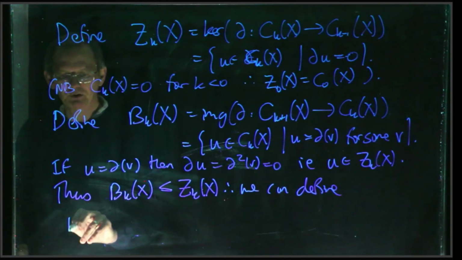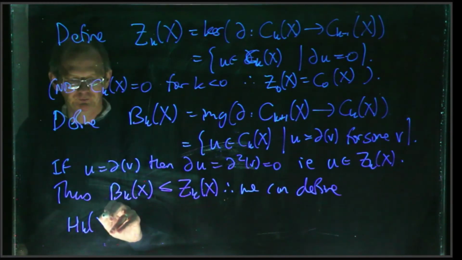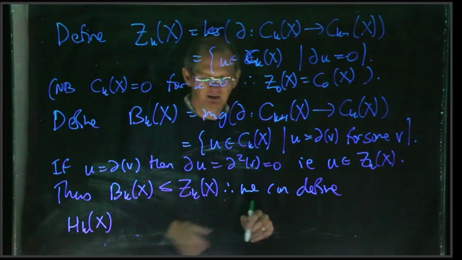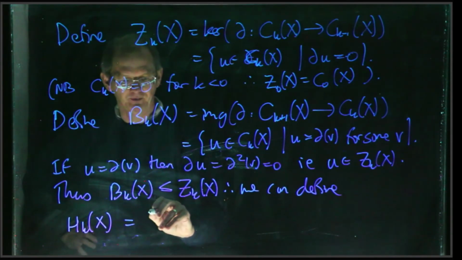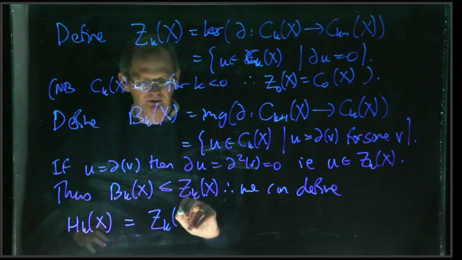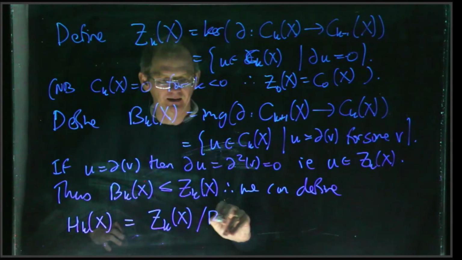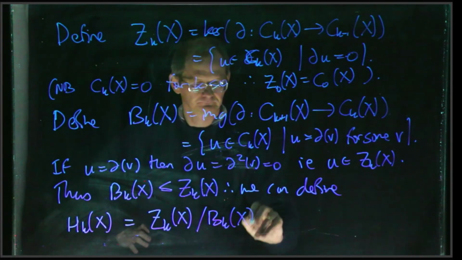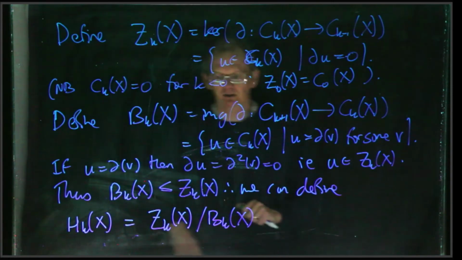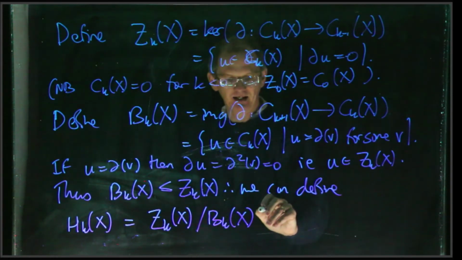We can define a quotient group, because we know that one of these is contained in the other. It's meaningful to take the quotient of Z_k(X) by B_k(X). This is the kth homology group.